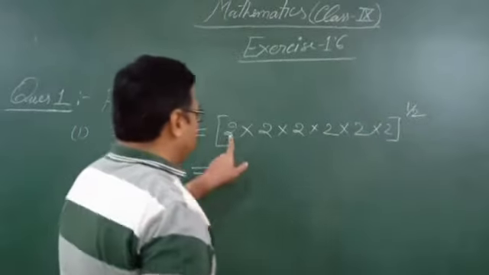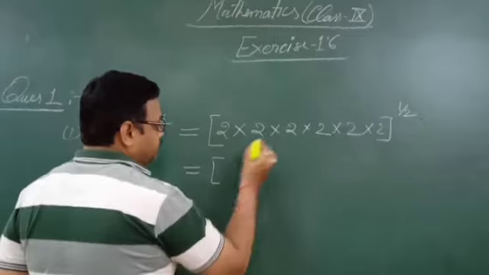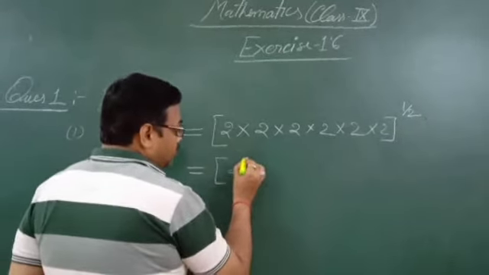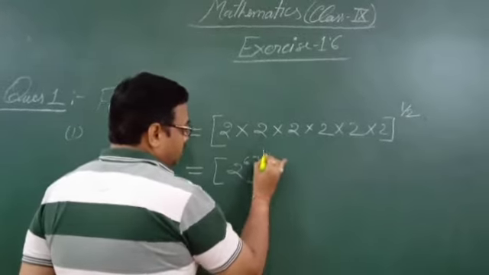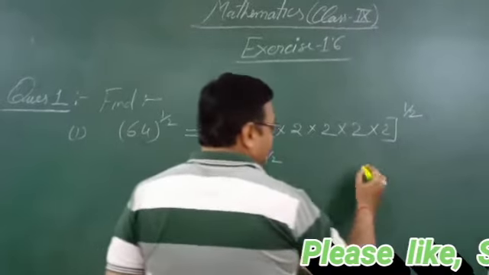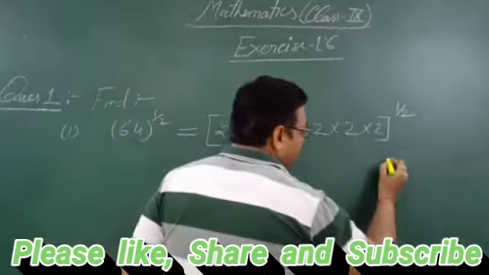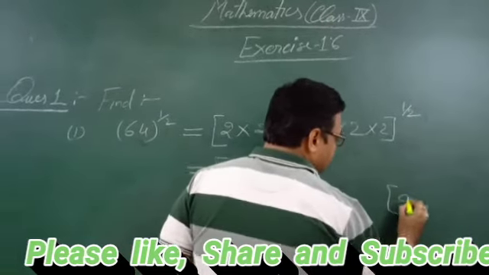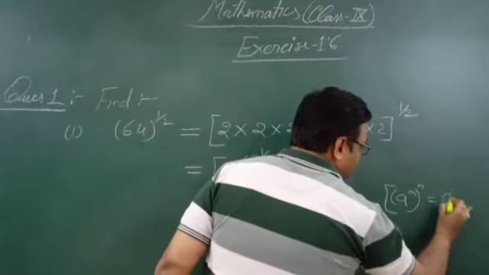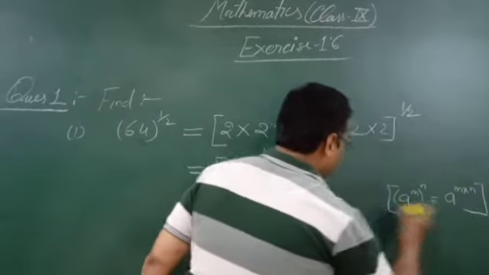Now total how many times 2 is given? 6 times. So here you will write (2 to the power 6) whole to the power 1 upon 2, and as you know, when a power to the power is given, we always apply the rule of multiplication, (a to the power m) to the power n equals a to the power m into n.